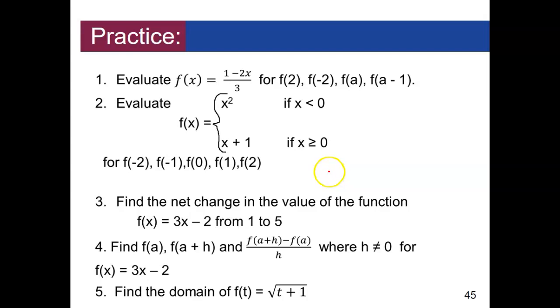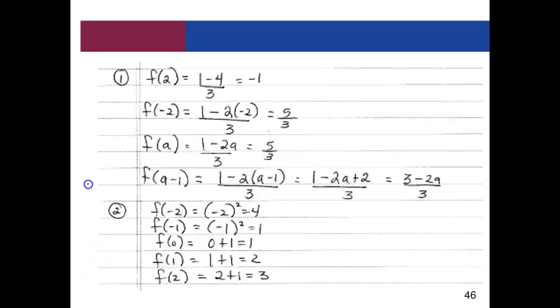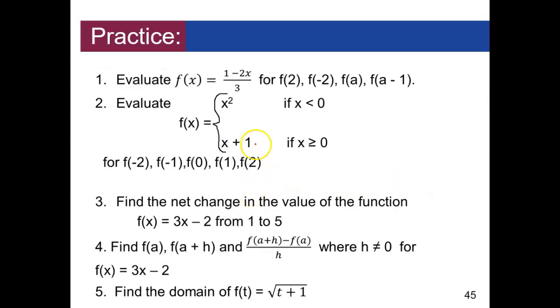All right, here's some problems to practice on that are like the ones that we talked about today. Okay, the first one, you can see that if you plug these values in, these are the answers that you should have gotten here. And then the second one, you're going to plug into the different parts of the piecewise defined function.